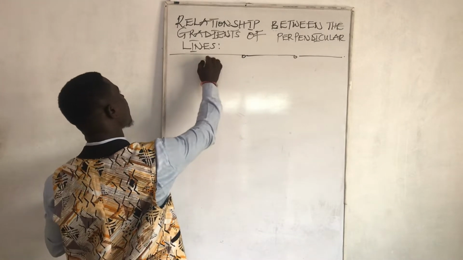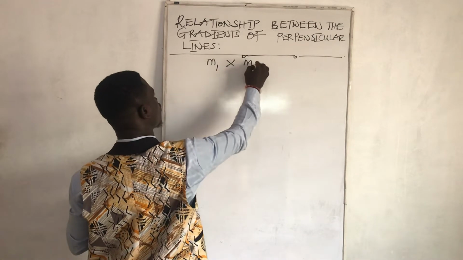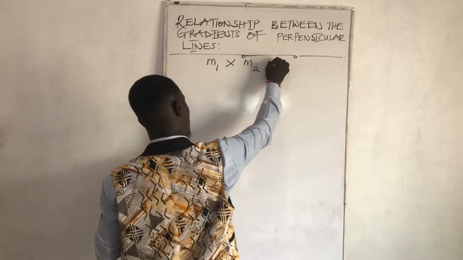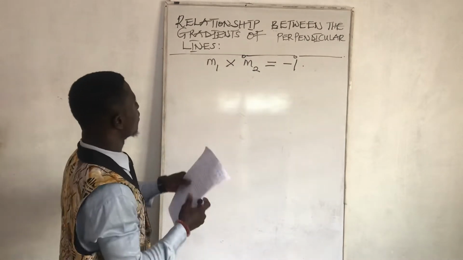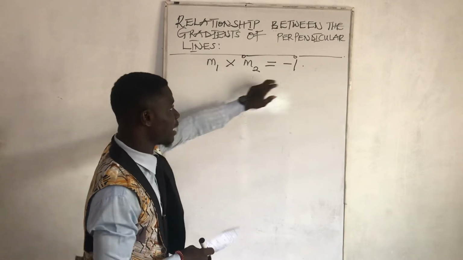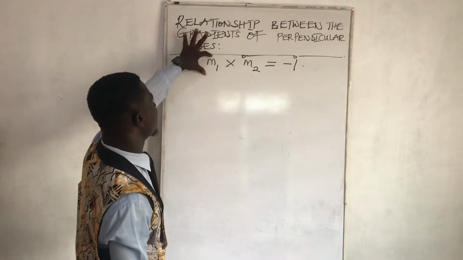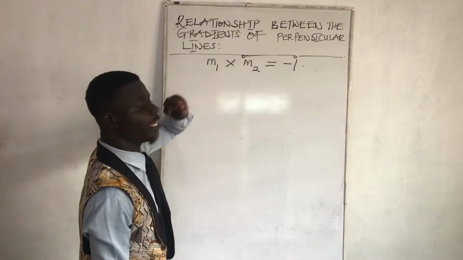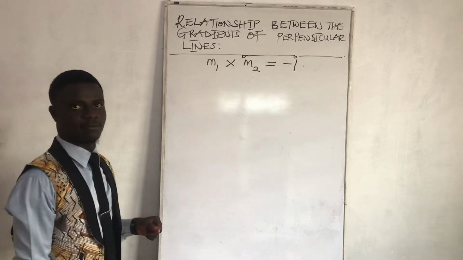So if I have m1 times m2, it must be equal to -1. So for two gradients, their product must be -1. When you multiply gradient 1 by gradient 2, you have to get the product -1.